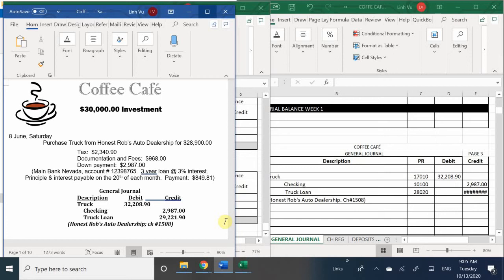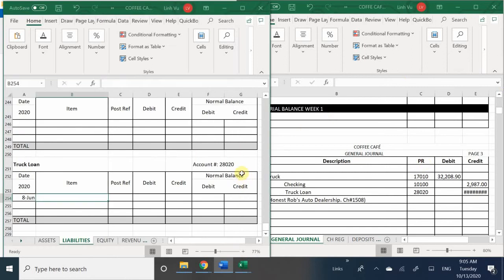You can fill in as much information as you want, but in this case, I'm only going to put the most important thing, which is that this loan is for 3 years and it's for 3% APR. Post reference is going to be General Journal number 3.